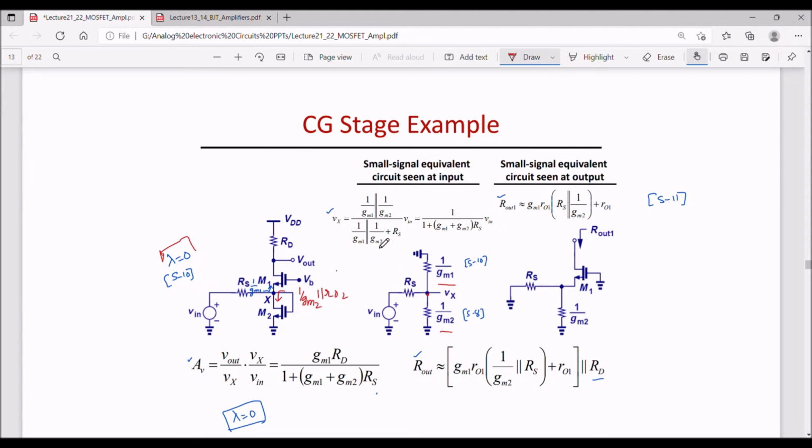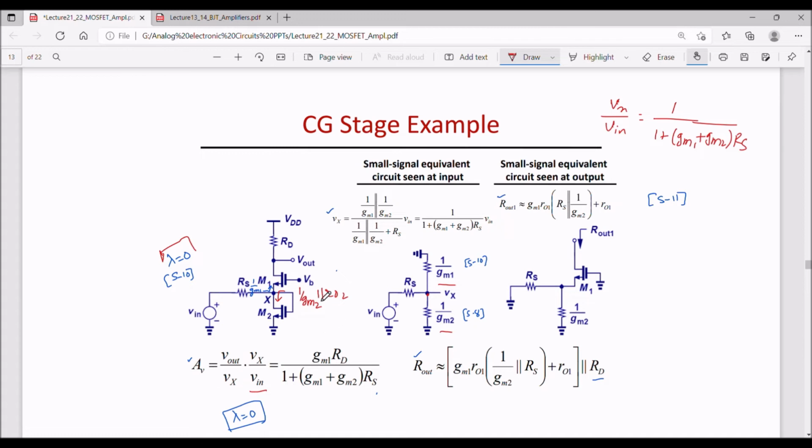So from here Vx by Vin would be equal to 1 by 1 plus (Gm1 plus Gm2) times Rs. So we need Vx by Vin and then V out by Vx also.